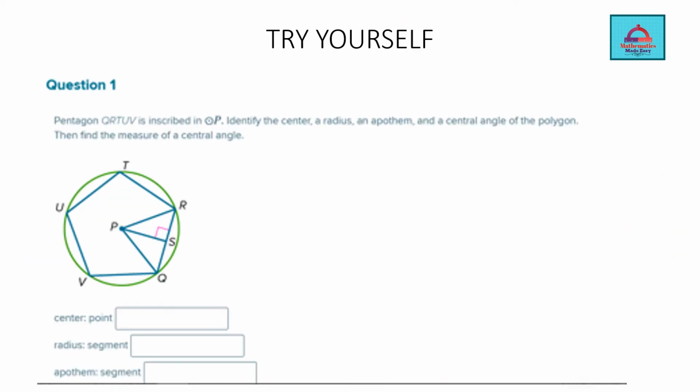The exit sheet of today's session would be this question that I want you to try yourself. Here a pentagon is given, so n is 5: 1, 2, 3, 4, 5. All 5 sides are equal. You have to identify the center point, so it is point P. Let's fill it here. The radius can be PR, which is equal to PQ, any one. The apothem would be PS. Now you need to find the central angle.